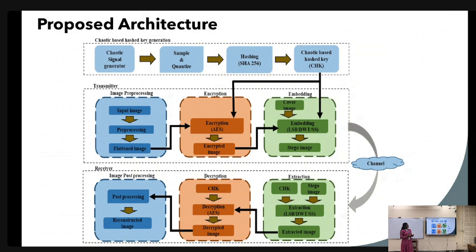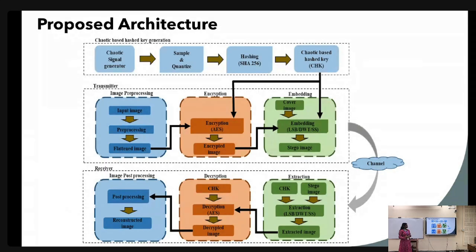In the first stage, it is encrypted, and the encrypted image goes to the embedding stage. Embedding is the steganography approach. There, the encrypted image is embedded on the cover image using LSB, DWT, or SS. That is how we generate the stego image, which is the word used for the output of steganography. Then this stego image is transmitted over the communication channel.